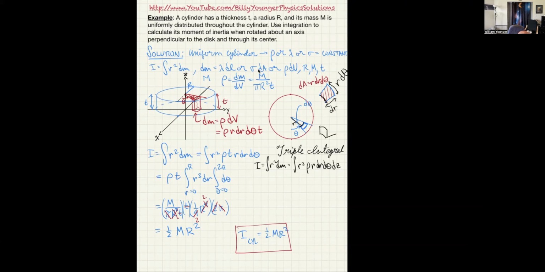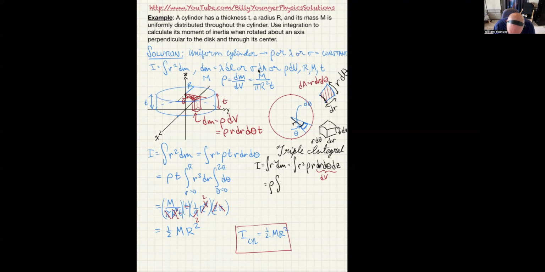So this time the little object that we're doing is a differential mass element, has a little arc right here, and this thickness from here to here is dz. But this part is still r dθ, and this part is still dr. So that's where we get our volume element, which is this part right here. Now I can go ahead and continue by pulling the constants out in front, which in this case the only constant is the rho, which we'll make use of in a little bit.